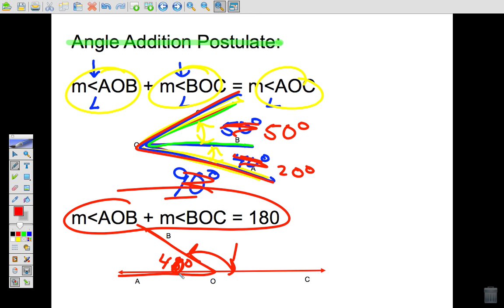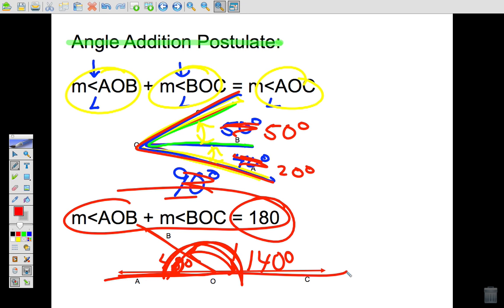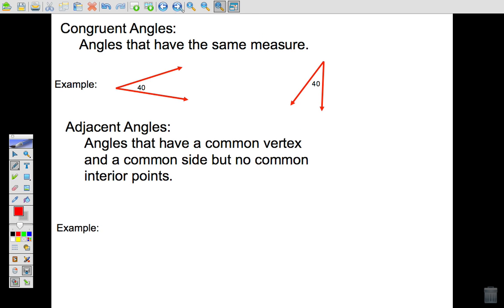So maybe this is 140 degrees. Well, what's 140 plus 40? They add up to a straight line. You can see that these two angles are adding up to a straight line. Then sometimes that is just called the 180 degrees postulate. So the angle addition postulate says that one angle plus another angle add up to the whole angle.